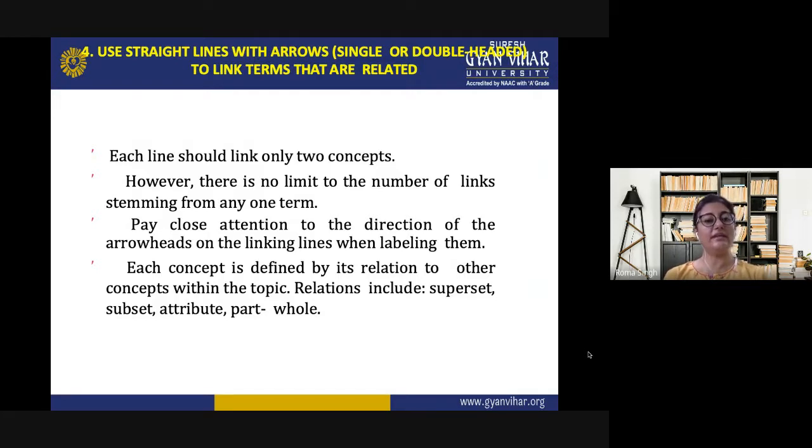Pay close attention to the direction of the arrowheads on the linking lines when you are labeling them, whether it is a single arrow or a double-headed arrow. Each concept is defined by its relation to other concepts within the topic. The relations include superset, subset, attribute, part, whole. In this way, we can first prepare a rough outline and then give it a final say.